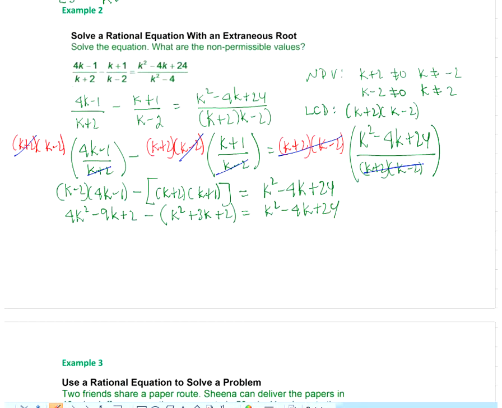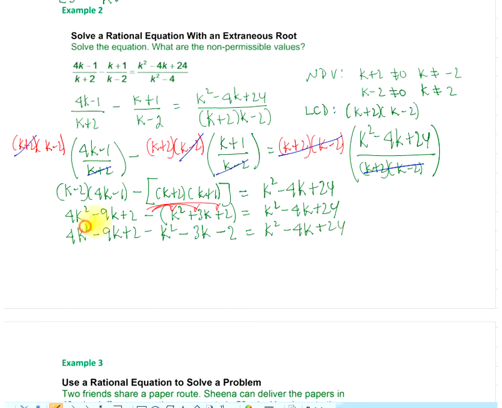Okay, now note, we have to distribute the negative because we want to minus everything inside the bracket. So we're going to have 4k squared minus 9k plus 2 minus k squared minus 3k minus 2 equals k squared minus 4k plus 24.